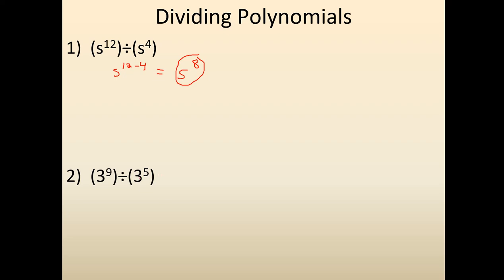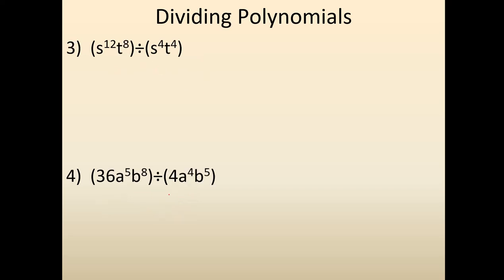So 3 actually ends up being our base this time, just like the s was over here, because it's the one being raised to the power. So it's 3, 9 minus 5, which is going to be 3 to the 4th. And like I said, you can plug this into the calculator to figure out what it is. I think it's about 81.